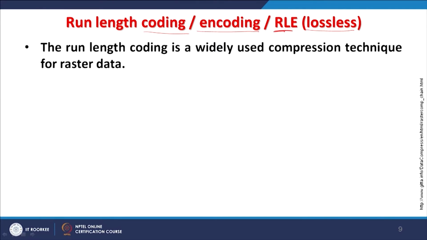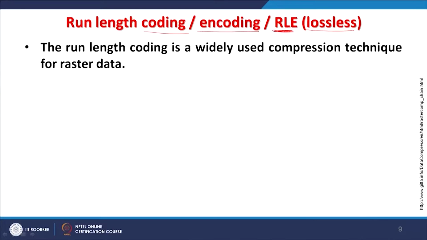Now, run length coding is a widely used compression technique, and many softwares like ADAS or ArcGIS or many softwares you would see they will mention in this RLE way, and they will mention in some form RLE rather than run length encoding.